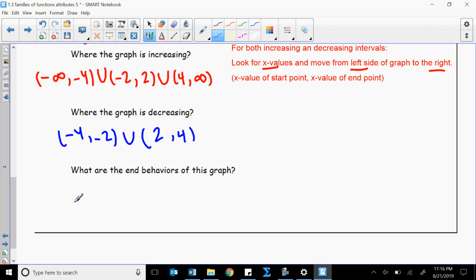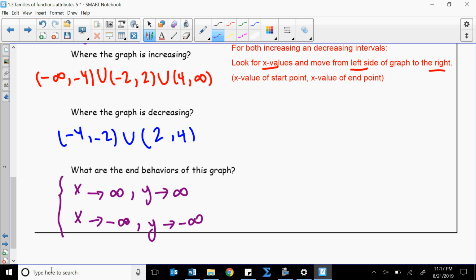So the end behavior: as x goes to infinity, y goes to infinity, going to the right and up. And as x is decreasing, going to negative infinity, what is y doing? This time y is going to negative infinity. So this is how we talk about end behaviors of a graph.